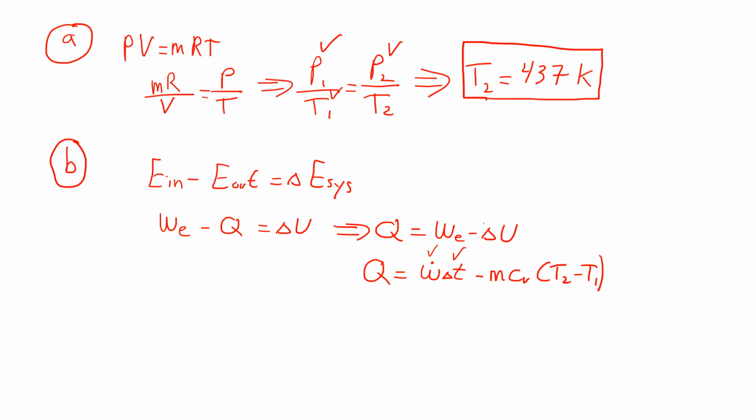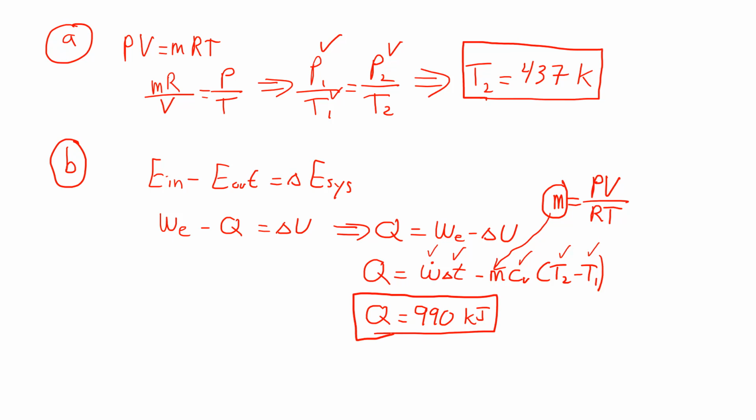So I can use the ideal gas law, pressure times volume over RT, to figure out the mass. I can plug that in here. I have mass, Cv, T2 I computed in part A, and T1, and I can compute that the rate of heat transfer to the surroundings is 990 kilojoules.